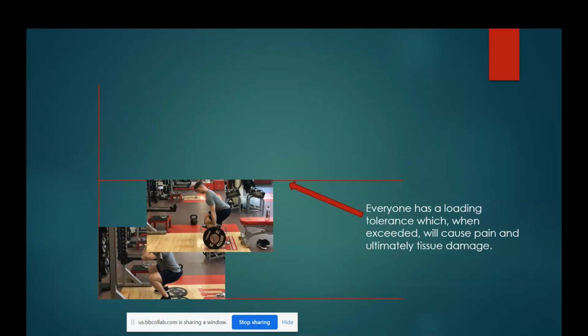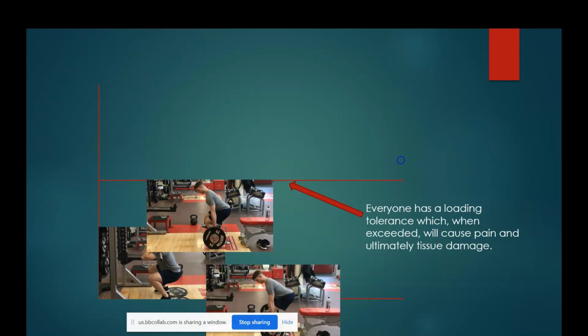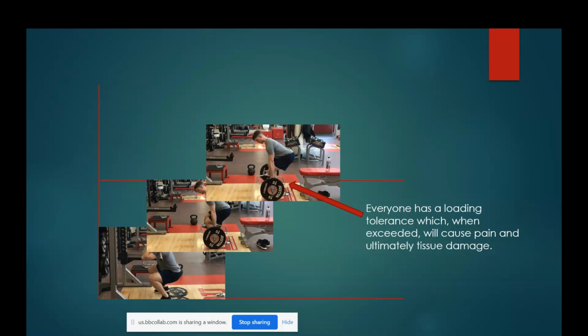This one, you'll notice deadlift, you'll notice that I'm leaning a little bit further forward, so there might be more stress on my back, although we're talking about a little bit of a different exercise. Right here, I've changed the exercise, I'm leaning more far forward, so I'm putting more stress on my back. So even if the weight was the exact same, the intensity on my low back is going to change.